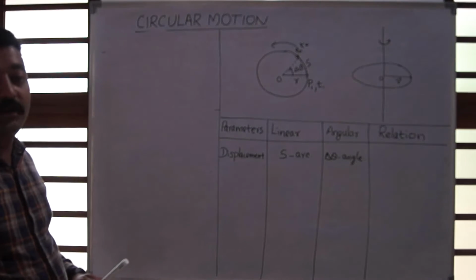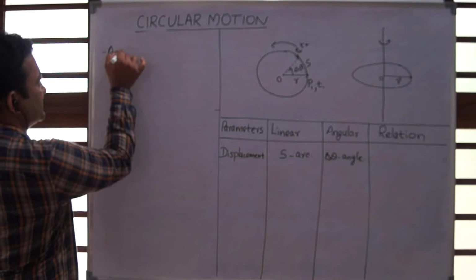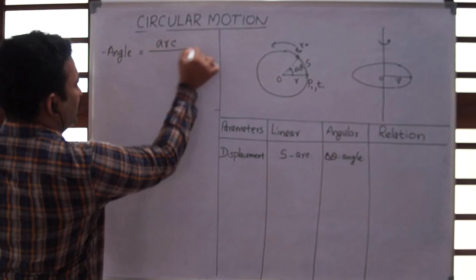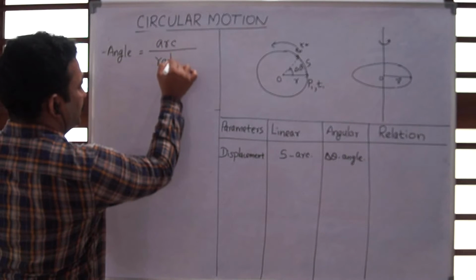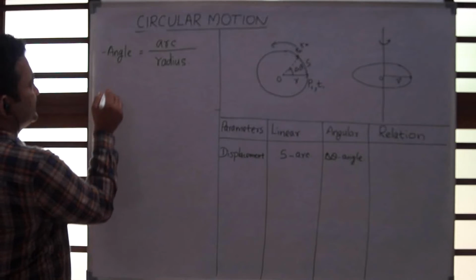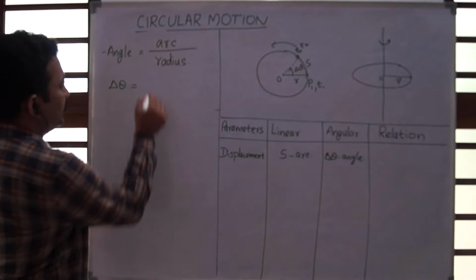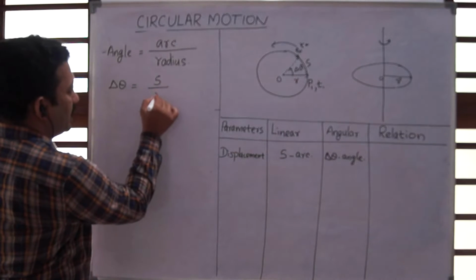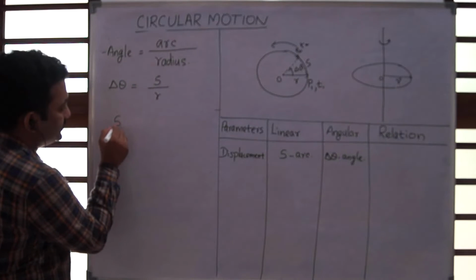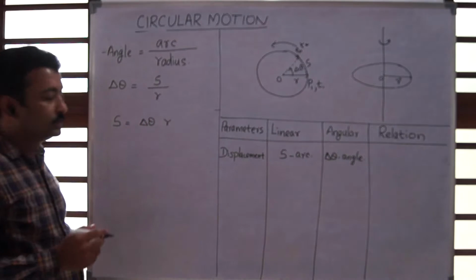We all know the basic relation of mathematics, that angle is equal to arc divided by radius. So I can write delta theta is equal to s divided by r, or we may also write s is equal to delta theta times r.